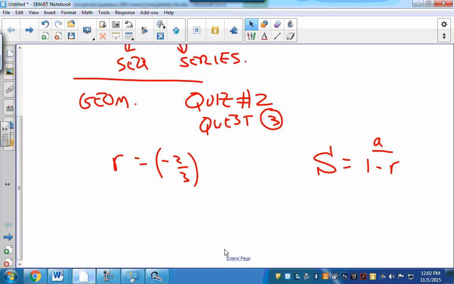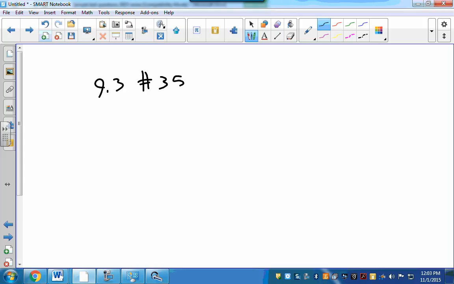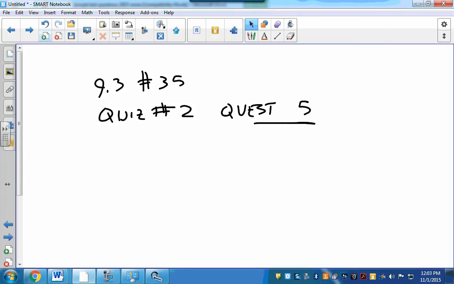Homework, section 9.3, number 35, had to do with P series. Quiz number 2, question 5 also had to do with P series. So yeah, be able to convert radicals to P expressions and determine convergence or divergence.